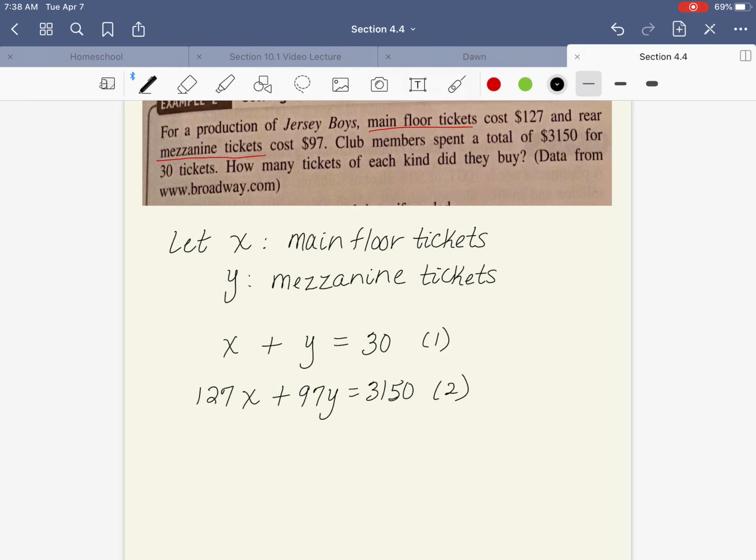All right, so now if I want to do this let's do this one by substitution. Okay, so I'll solve one of the equations for one of the variables. Let's say I solve this one for x.